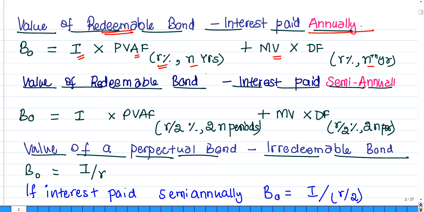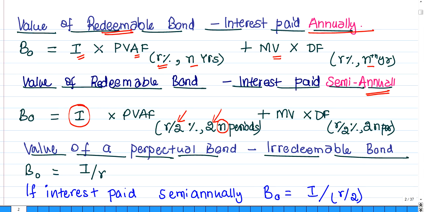That is for annual. If it is semi-annual, the change is here: the required rate will be divided by 2, and the period will be multiplied by 2. Here also the interest will be calculated semi-annually.